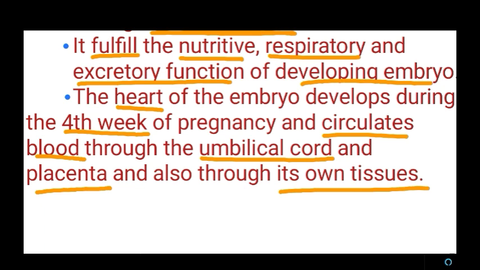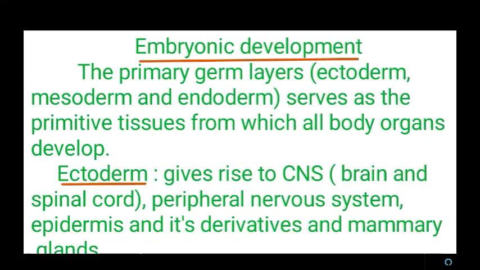Inside the fetus also, this heart helps to circulate the blood. Thereby, these nutritive, respiratory and excretory functions are fulfilled through this placenta. Next we are going to see about embryonic development.